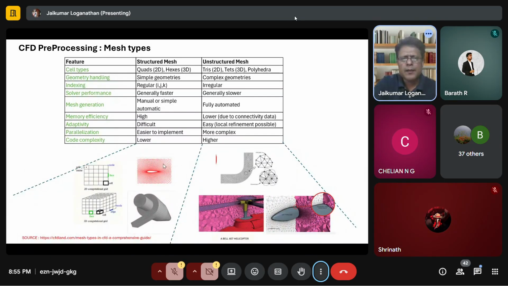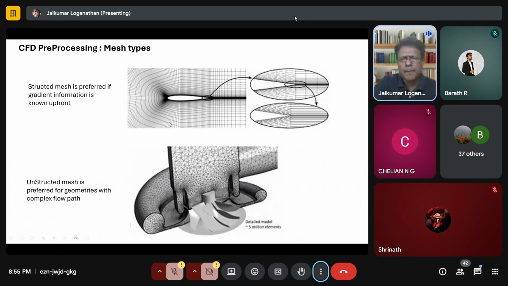So imagine that you are trying to simulate the flow over an airfoil, right? And you know that the gradients, especially the velocity, will vary a lot normal to the boundary, and along the boundary, the variation is less, right? So you can create these very high aspect ratio cells. You see that along the x, the distance is very high, but along y, it's very closely packed, right?